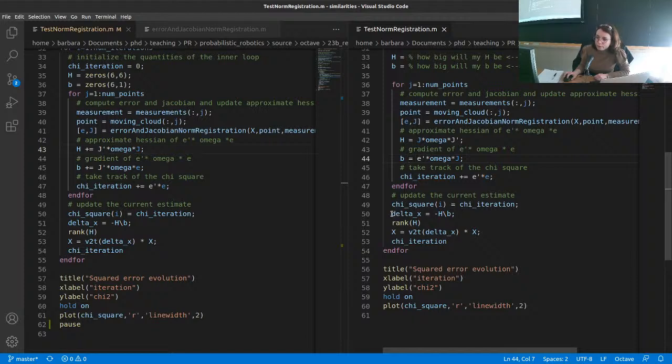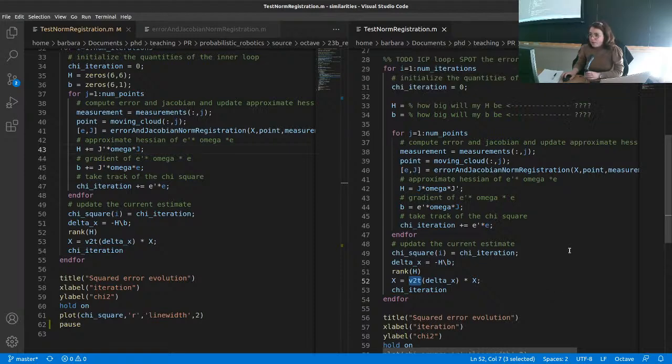Here we compute the perturbation by solving a linear system with coefficients H and B, and then apply the perturbation to the current estimate of the state by using the box plus operator, which in this case is a vector to transform.